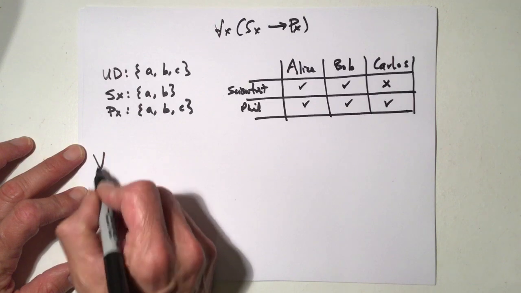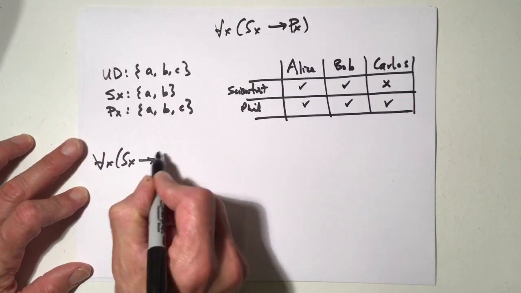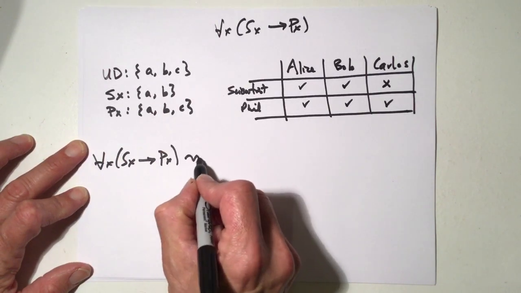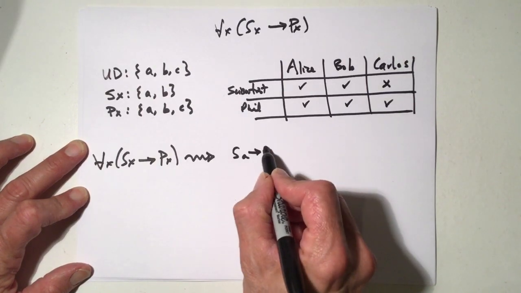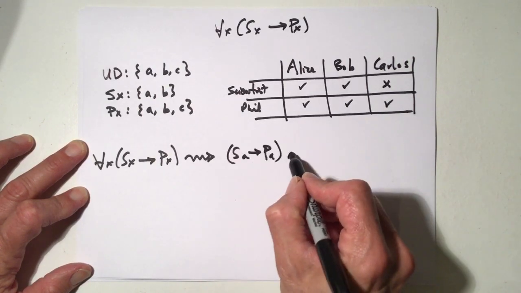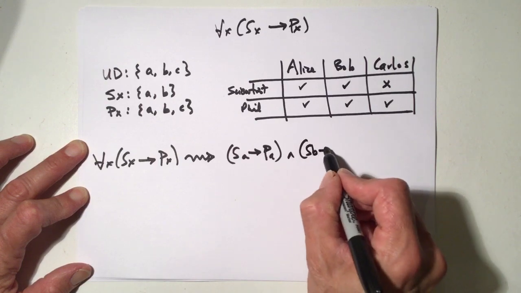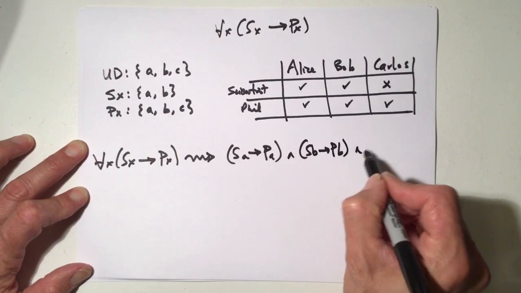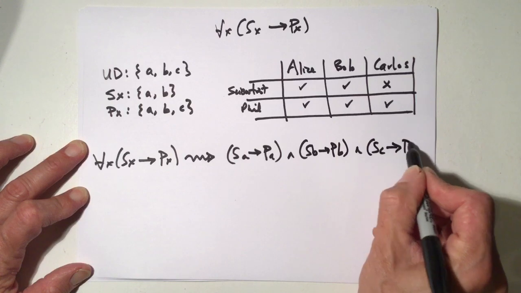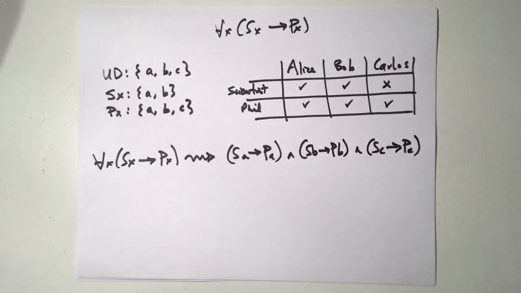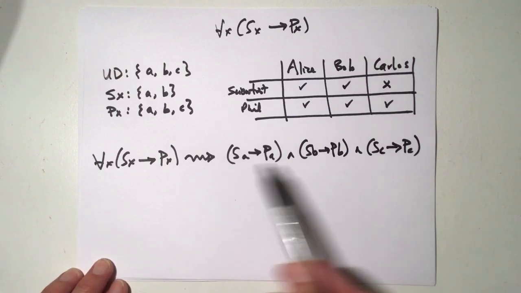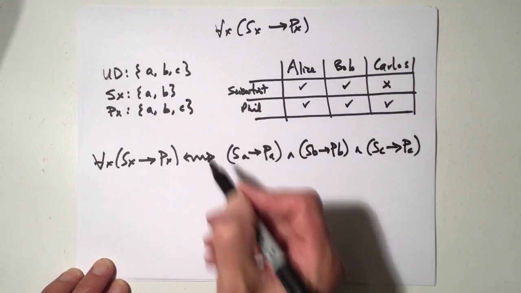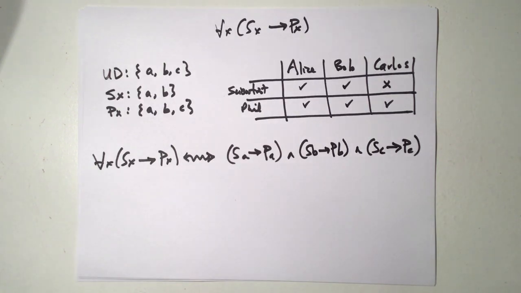So the sentence for all x, if Sx then Px, becomes, in this interpretation, SA arrow PA and SB arrow PB and SC arrow PC. And now we just need to figure out the truth value of the sentence on the right, and that will give us the truth value of the sentence on the left.